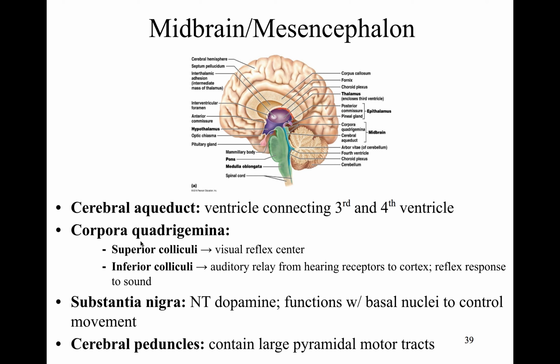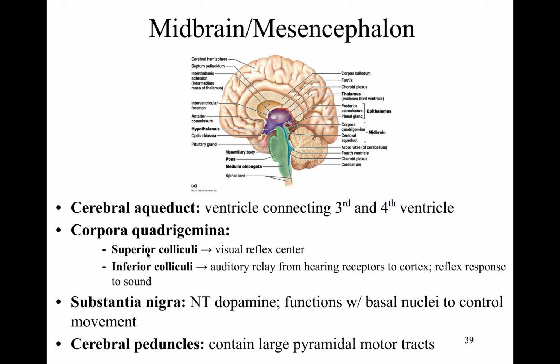The superior protrusions are called the superior colliculi. The inferior protrusions are called the inferior colliculi. So the corpora quadrigemina is the largest midbrain nuclei, and it's composed of these 4 dome-like protrusions called the superior colliculi and the inferior colliculi.